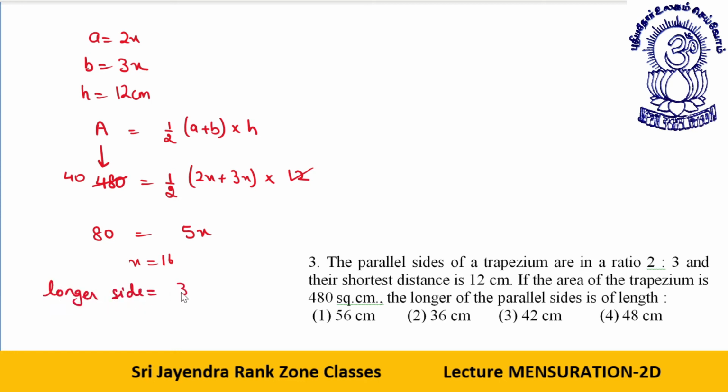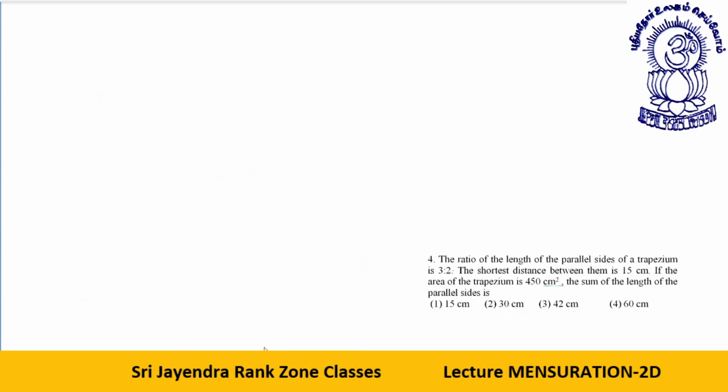Longer side will be what? 3x, that is 3 into 16. This is 48 centimeter. Do we have any such option? Yes, option number 4 is the answer. Okay, next one.